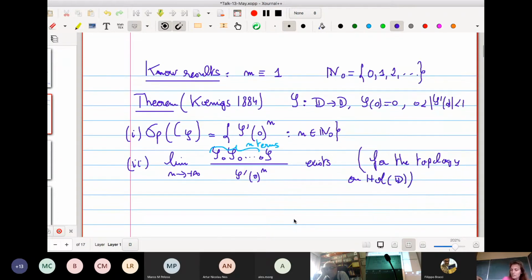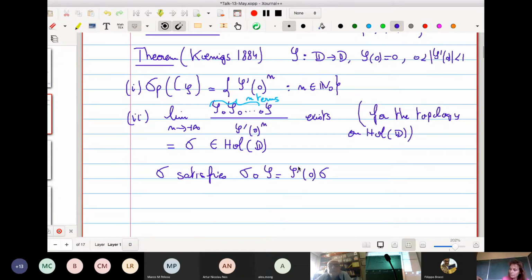And this function I denote by sigma. And this function satisfies that sigma composed with phi is equal to the derivative of phi at 0 times sigma.